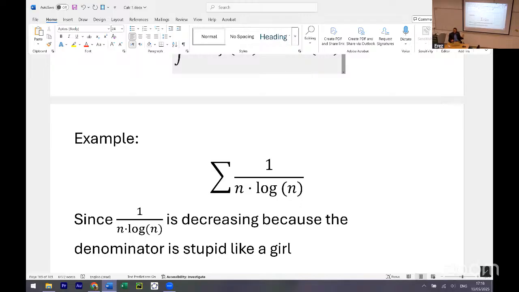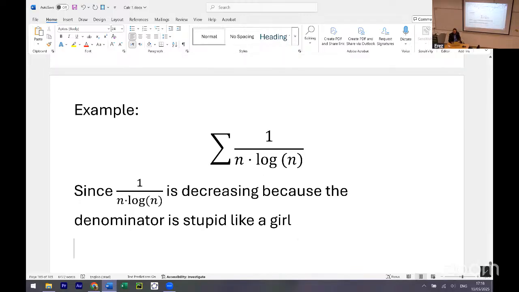Press enter. Maybe you have to carry on writing. Maybe I should have written stupid like a girl. That's not offensive. I really wish it would find stupid like a girl offensive and stupid like a boy not offensive, but it finds none of this gender offensive. Inclusivity. I like the fact that this is recorded. No one would believe me otherwise.